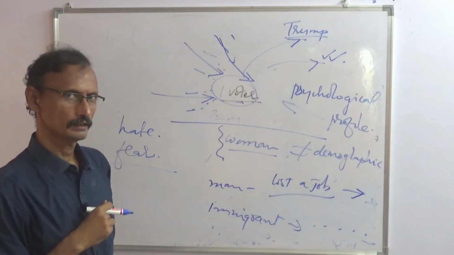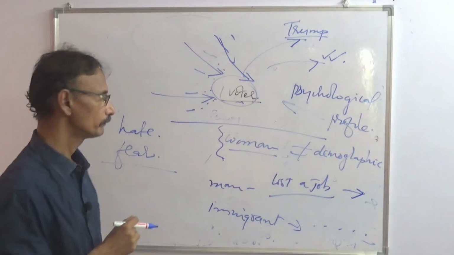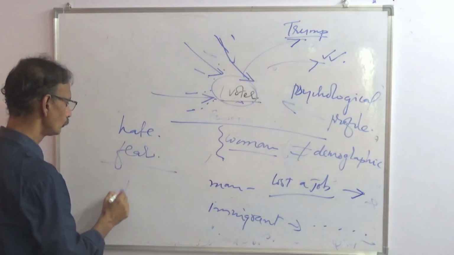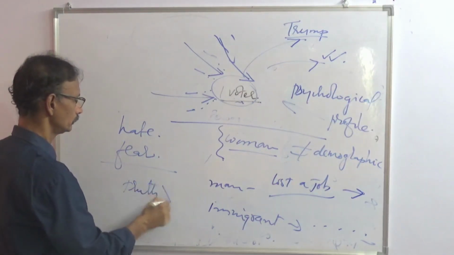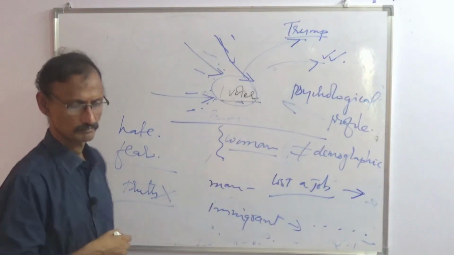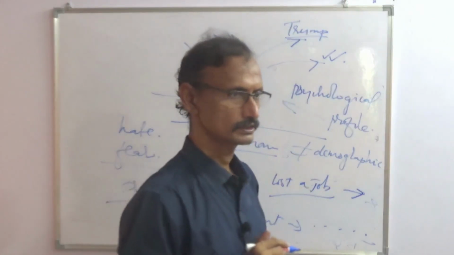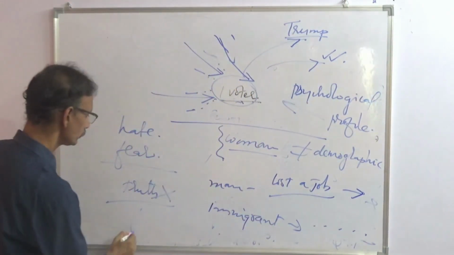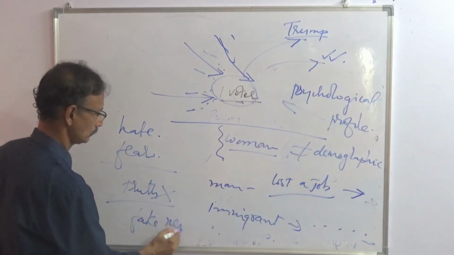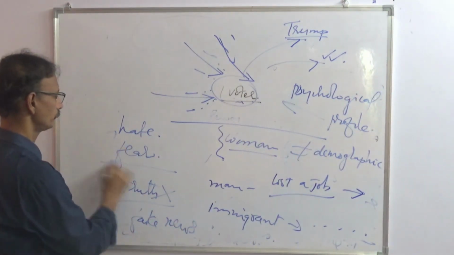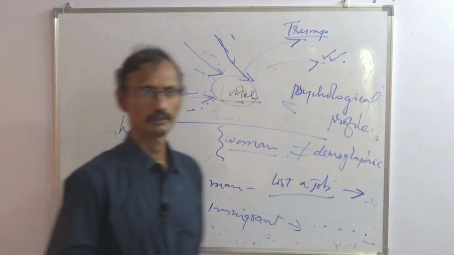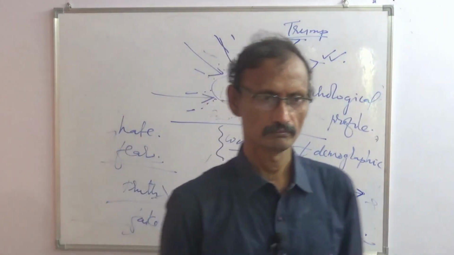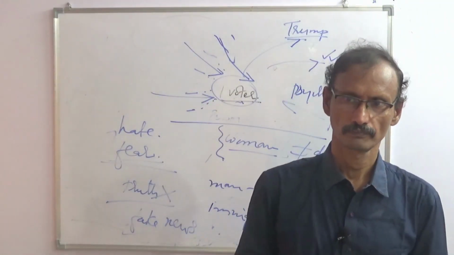And Cambridge Analytica did not believe that the voter should know the truth. It is not necessary. What matters is, if it is not truth, then you create fake news on the basis of fear. Create fake news. Let them read.